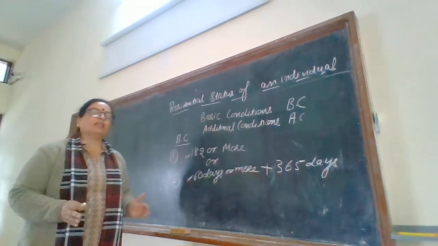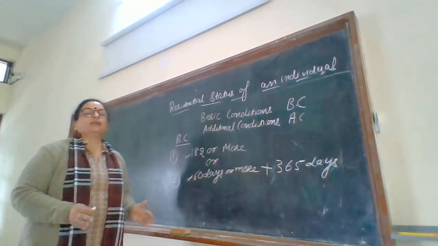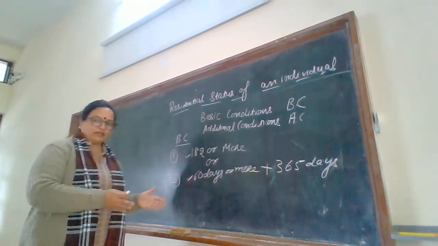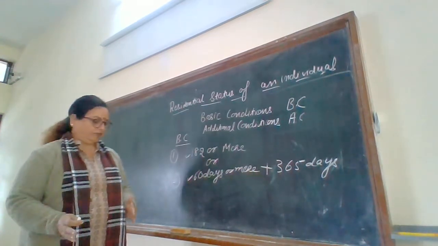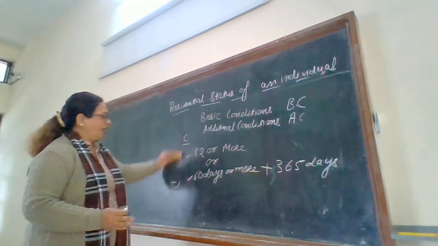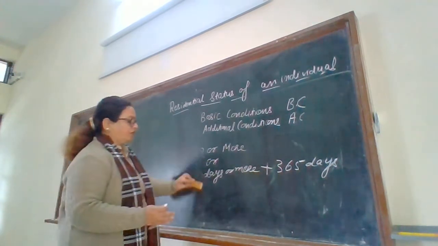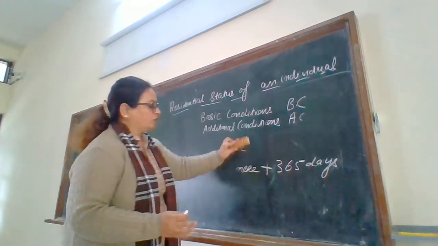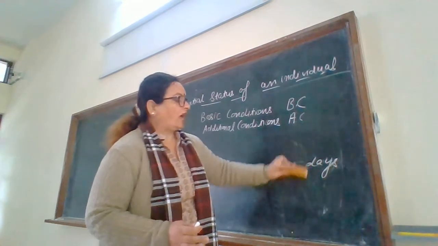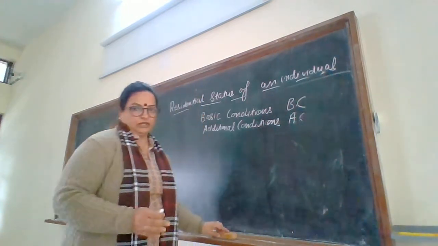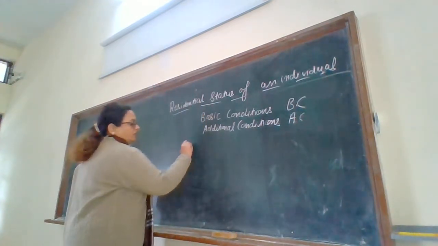Now, this was regarding whether the individual is resident or non-resident. The second thing is whether the individual is ordinary resident or not ordinary resident. For determining that, we have to see further whether the individual is fulfilling the additional conditions or not. Now, what is the first additional condition?